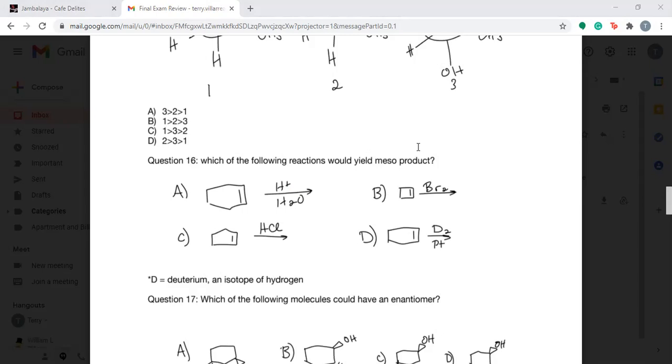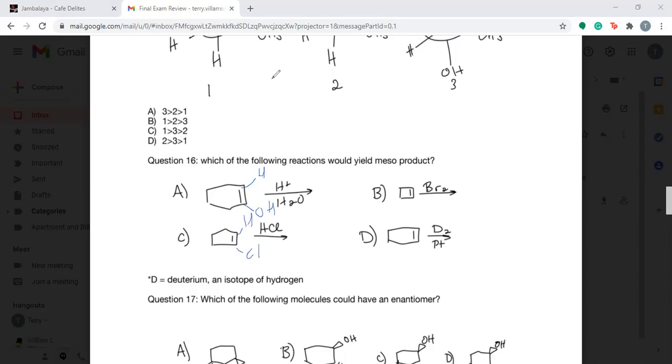So the trick for this one is you've got to ask yourself, what are you adding in each one? In A, you're going to add a hydrogen and an alcohol. So that won't give you a meso compound whatsoever. You will make a stereocenter, but you won't have a plane of symmetry. In this one, you're going to add a hydrogen and a chlorine, so again this isn't really an issue.